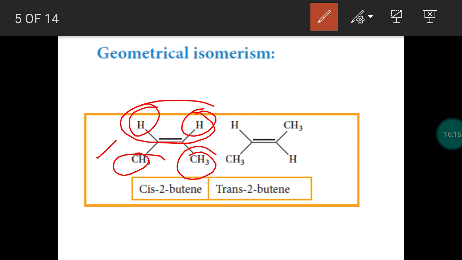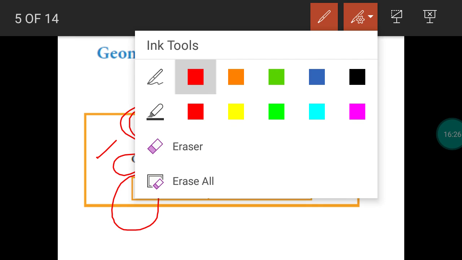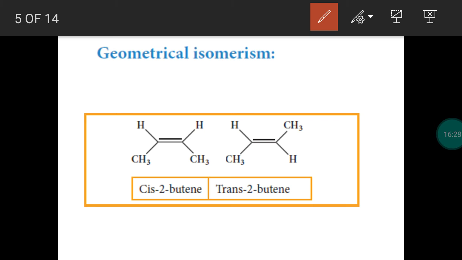Hydrogen atoms are lying on the same side, methyl groups are lying on the same side. So this arrangement is called the cis isomer. So 2-butene is denoted as cis-2-butene because the similar atoms or groups are lying on the same side.